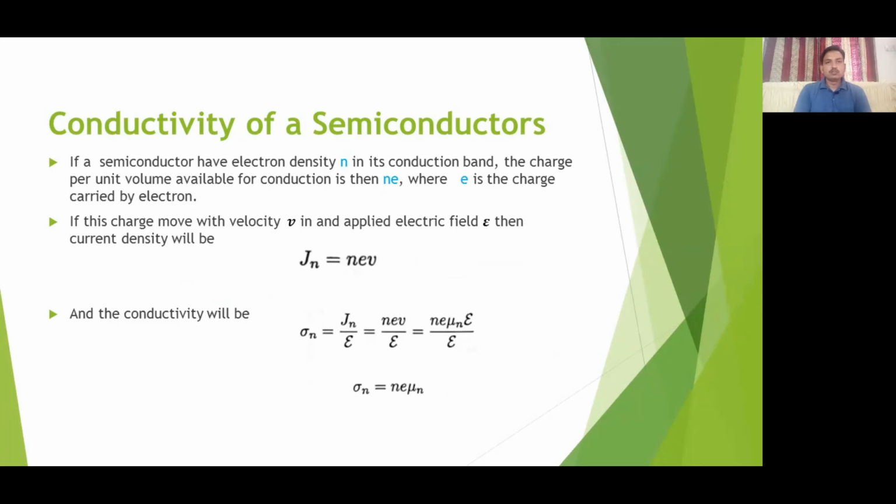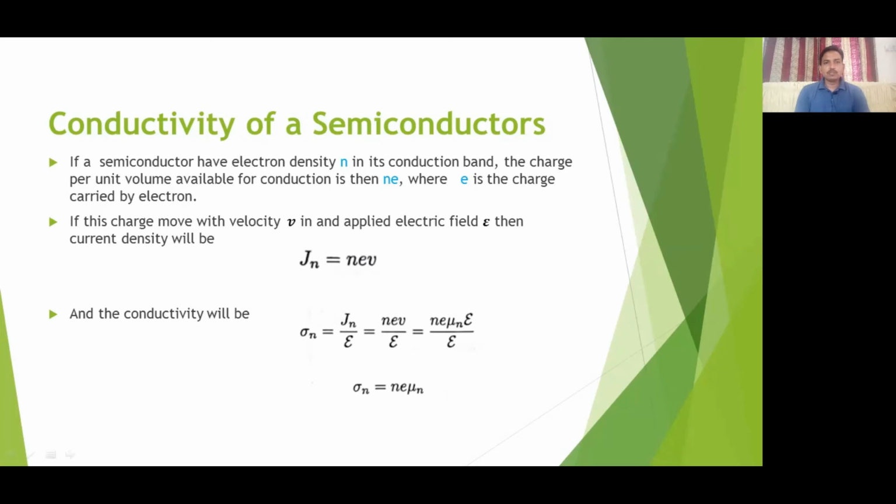If you have a semiconductor whose charge carriers are electrons with electron density n in the conduction band, then the charge per unit volume for conduction is ne, where e is the charge of an electron. So you have a total charge ne which exists in the conduction band of the material.